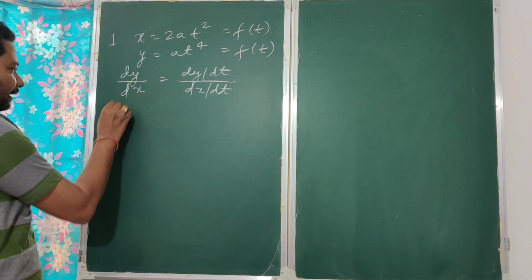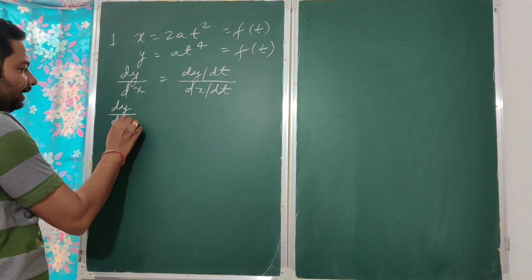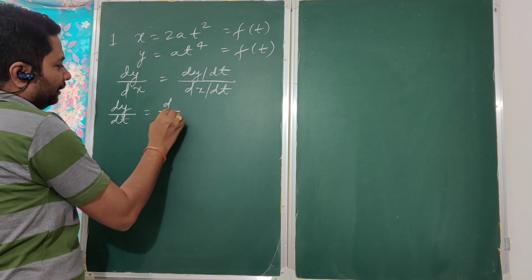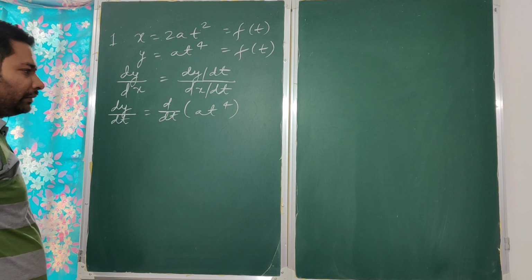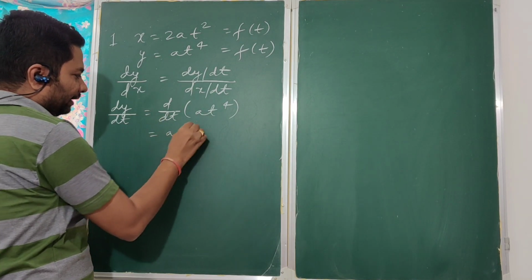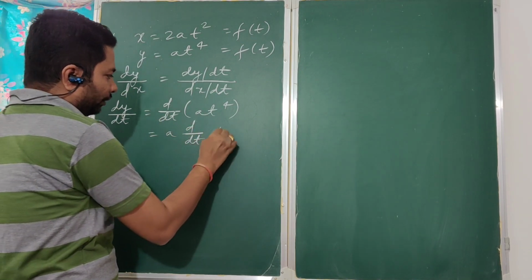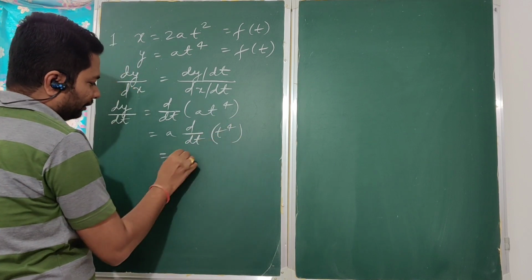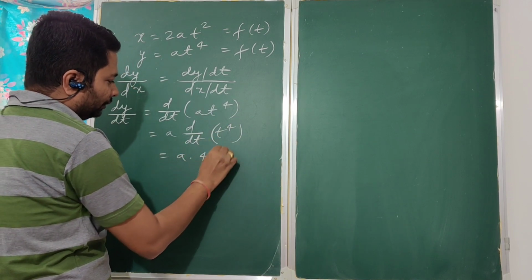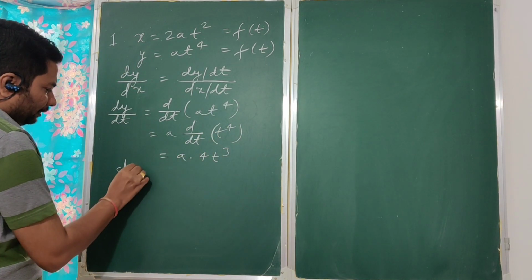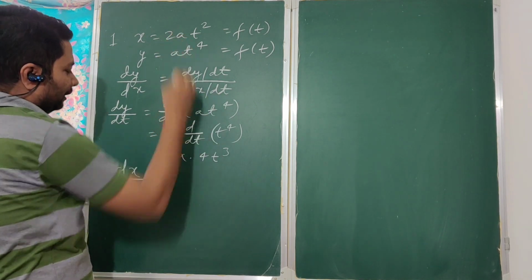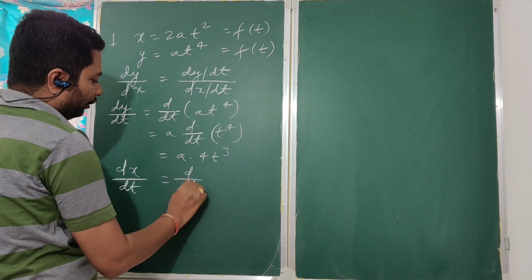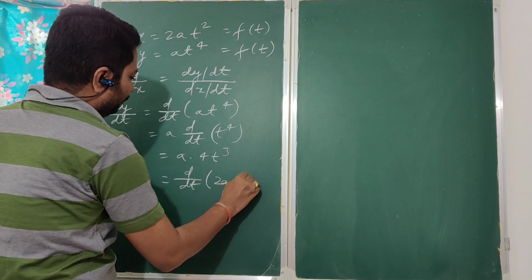So we can independently determine the value of dy by dt. How much will it be? d by dt of a t to the power of 4. A is constant, take it outside. d by dt of t to the power of 4. So this can be written as a into 4t cube. What about dx by dt? dx by dt will be d by dt of 2a t square.